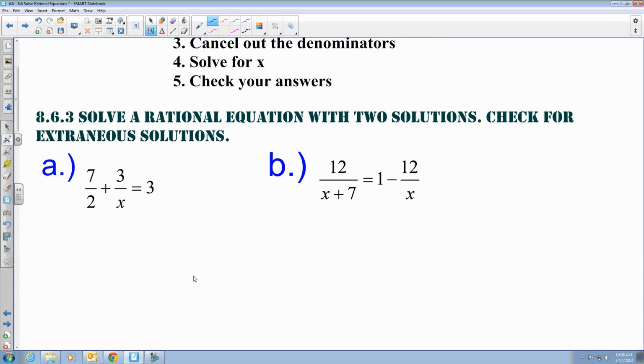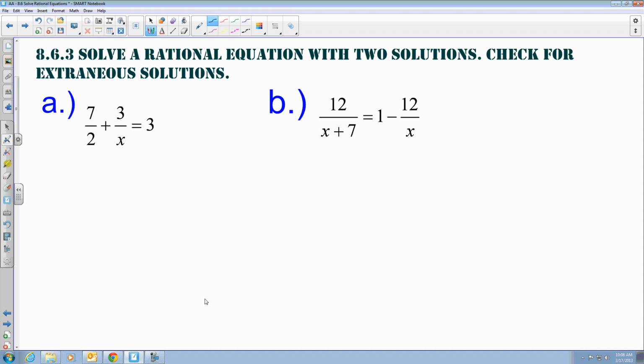So for A, I have 1 half plus 3 over x equals 3. So what I'm going to do for this one, I'm going to find the least common multiple, which will be 2x. So I'm going to put 2x under each of them.